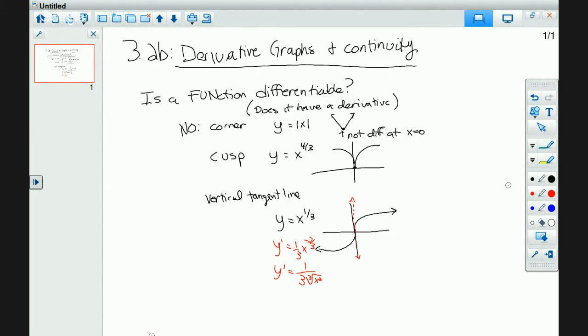Well, undefined, right? So it gives you a vertical tangent. We'll say it's not differentiable. The derivative is actually undefined at 0. If there's an asymptote, it wouldn't cross it. It'll go up, and this one would come down. It would never cross it.